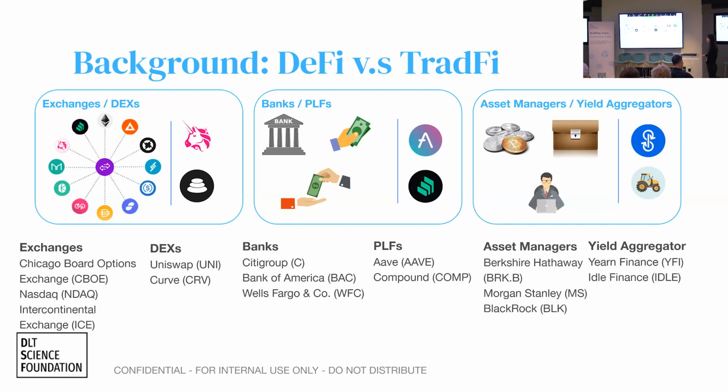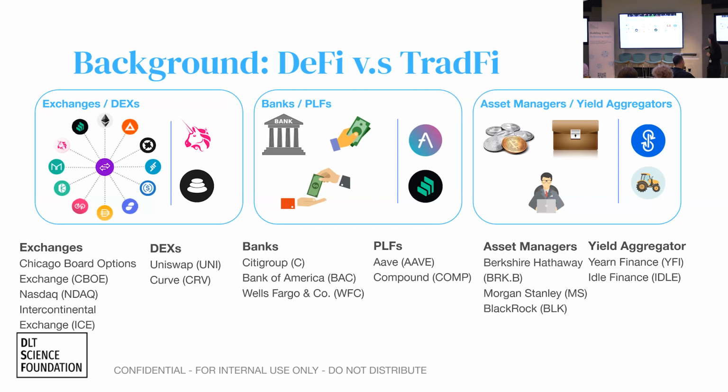Same as yield aggregators, they would also charge a fee for managing your funds. So when they distribute return, when they distribute yield, they would usually retain a portion of that yield in the protocol as a kind of revenue-making scheme, which we'll discuss a bit later.